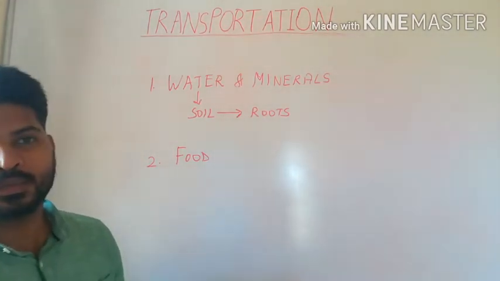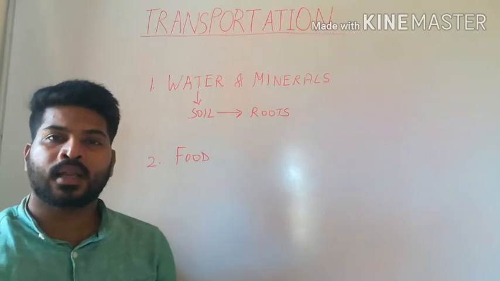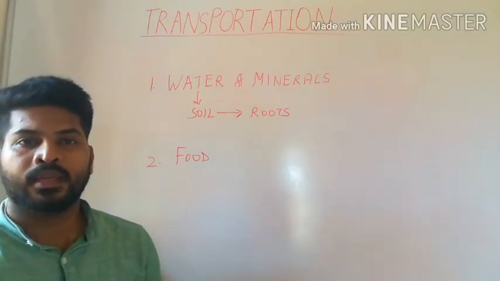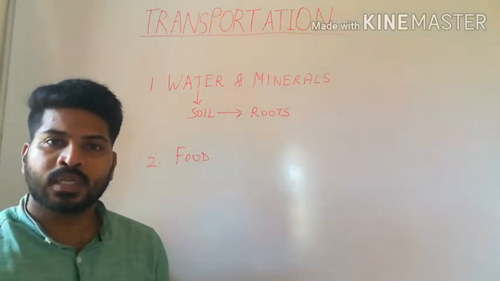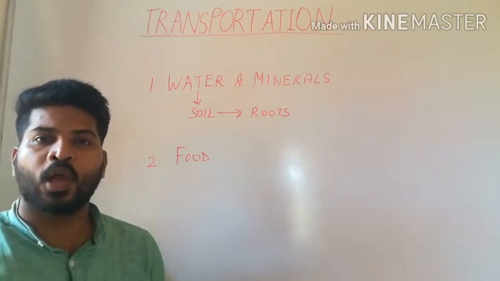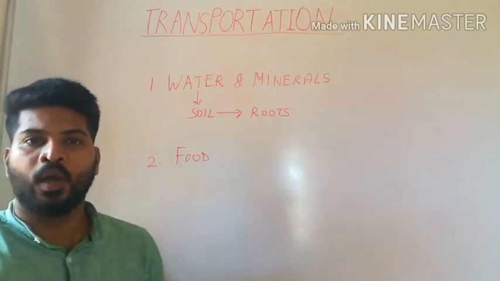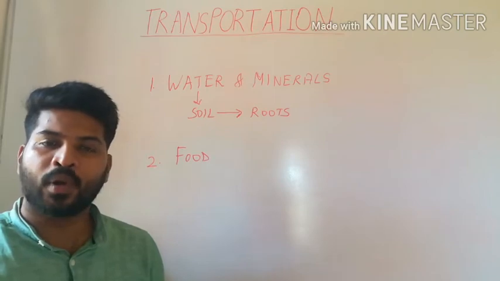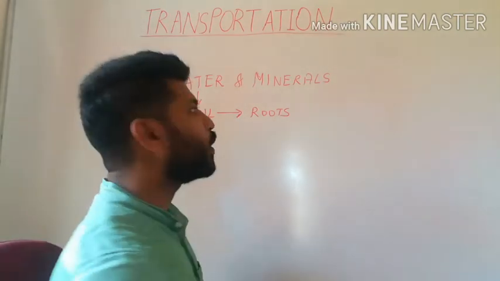How does this work? As you have studied in class 9th, plants have specialized tissues called vascular tissues. Vascular tissues are made up of xylem and phloem.